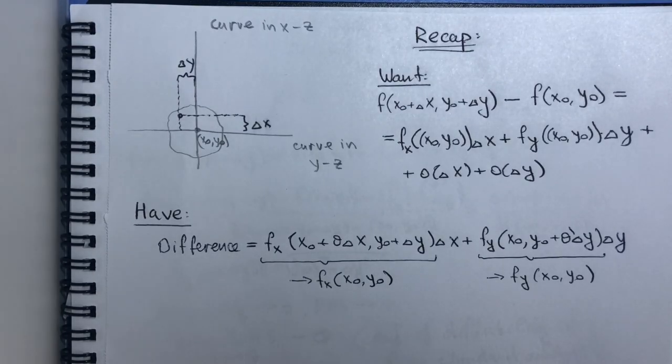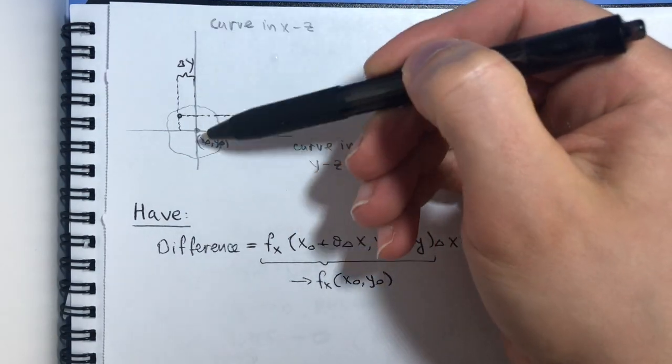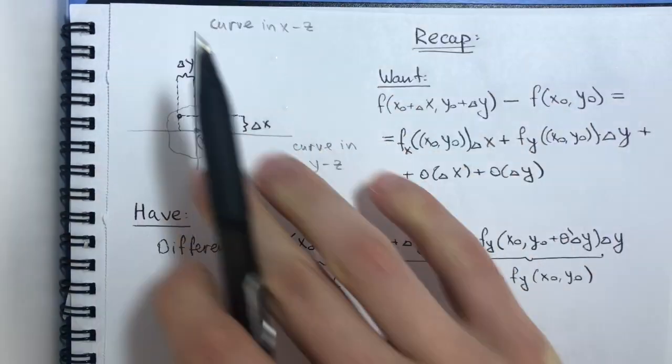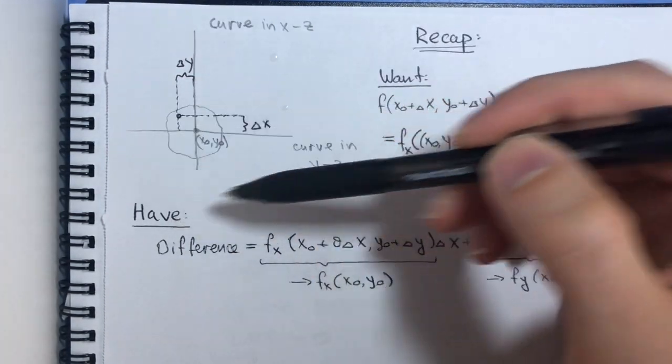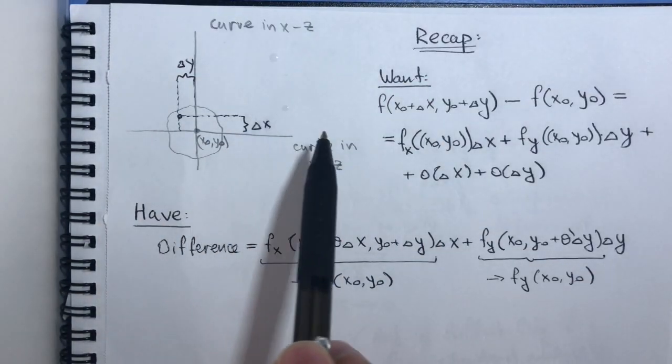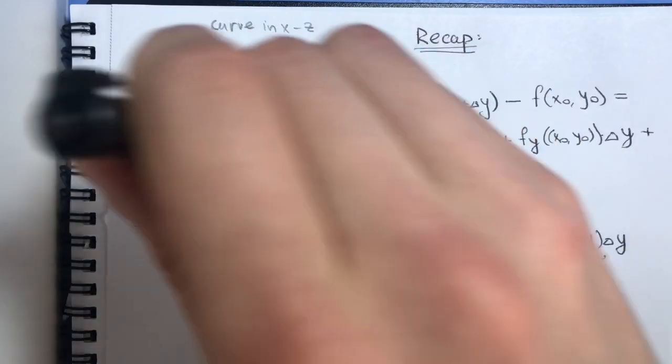So let us recap what's going on exactly in our calculations. We have these two curves that resulted from slicing our surface. This is a curve in the xz coordinate system. This is a curve in the yz coordinate system, right? So they are straight lines because I'm looking vertically down on them.